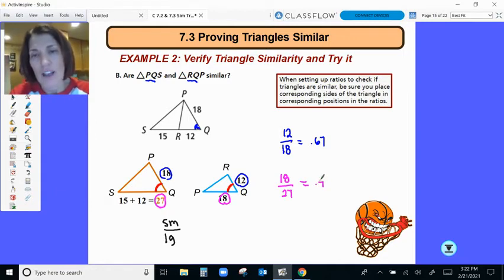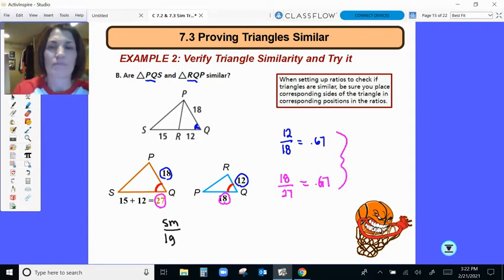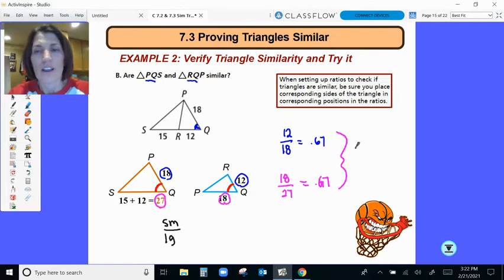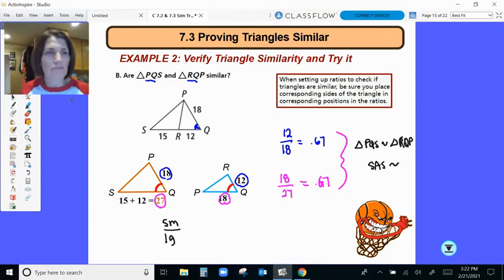And then we also have our congruent angles. So yes, these are similar. Triangle PQS is similar to triangle RQP, and that is because of side-angle-side similarity.